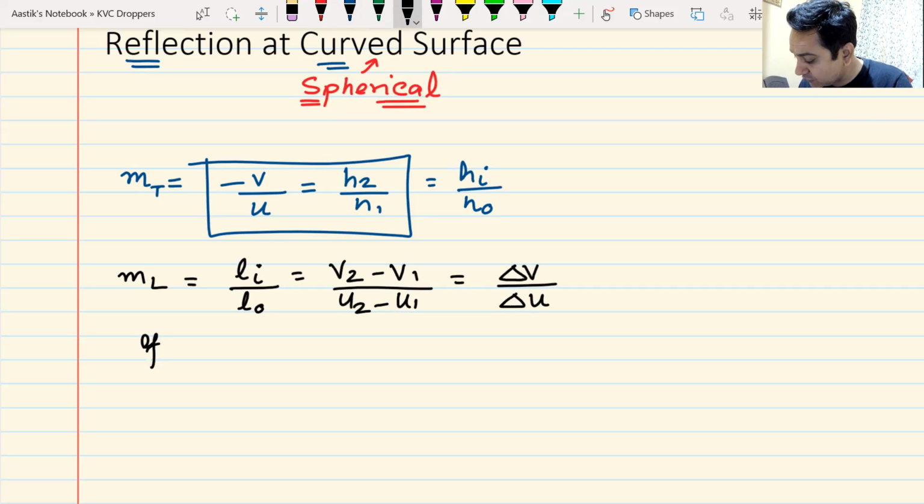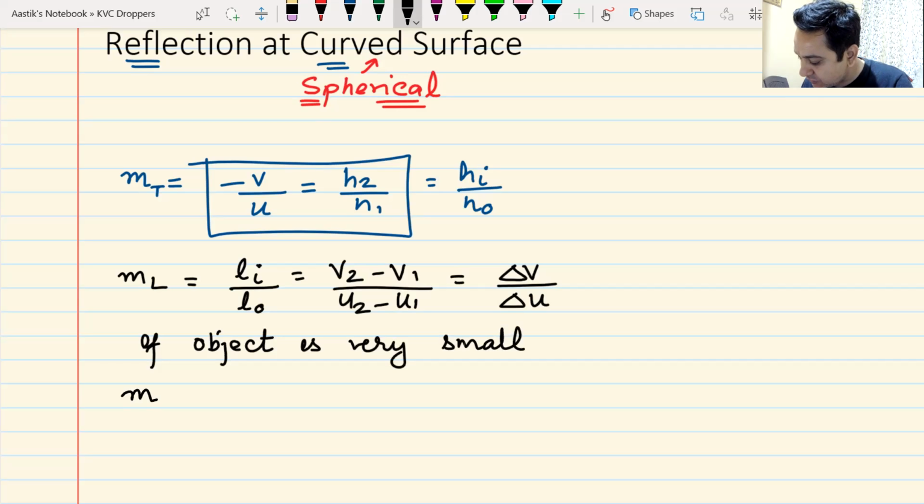Now, if the object is very small, the above formula can be replaced by a different formula. Remember, the formula that we are writing is only for an object which is very small. This magnification is delta V by delta U. That can be written as dV by dU.